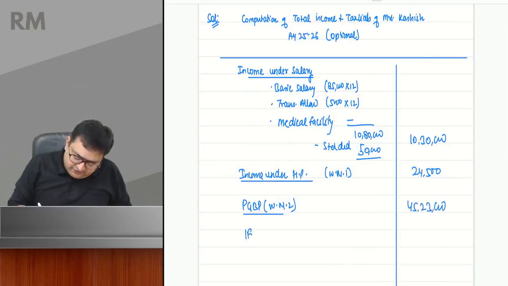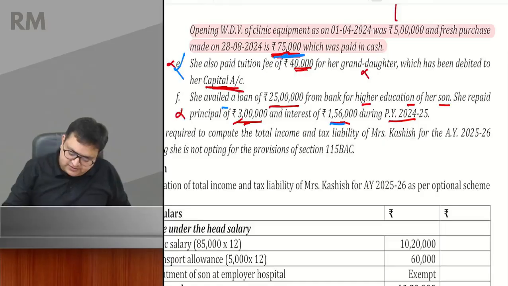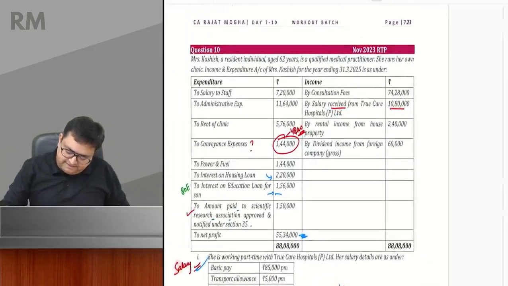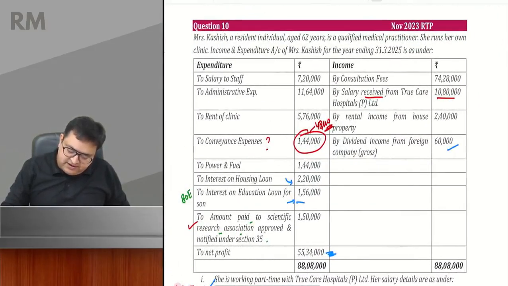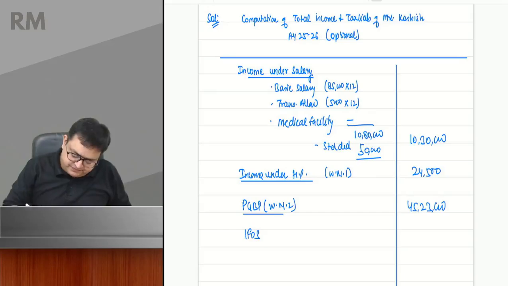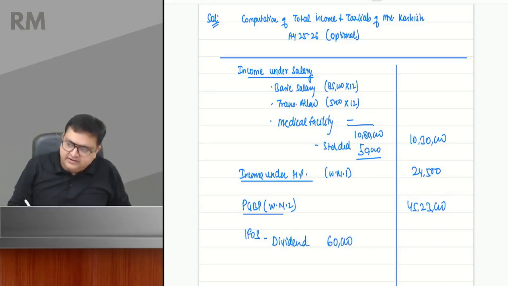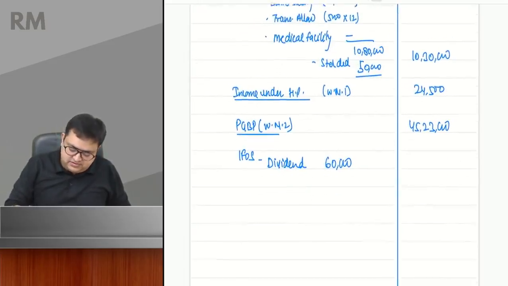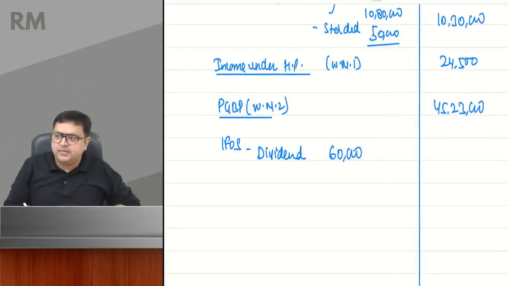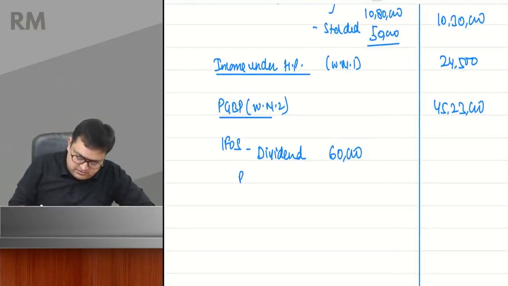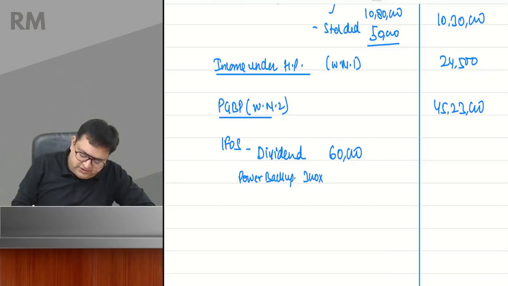Then do we have IFOS also? Yes, we have some IFOS also, no? Dividend income we have in IFOS. Any other IFOS also we have? Power backup. 3,000 into 6, 18,000.